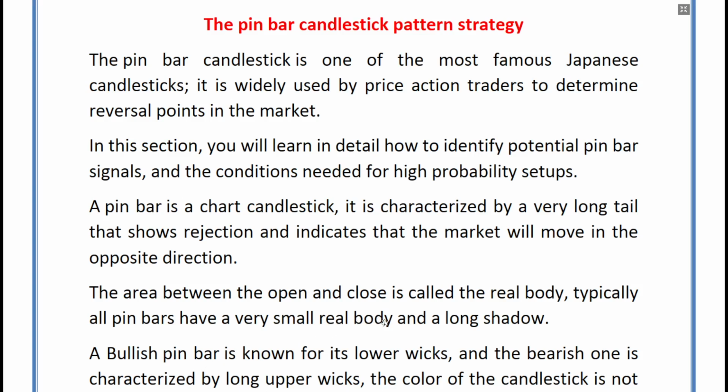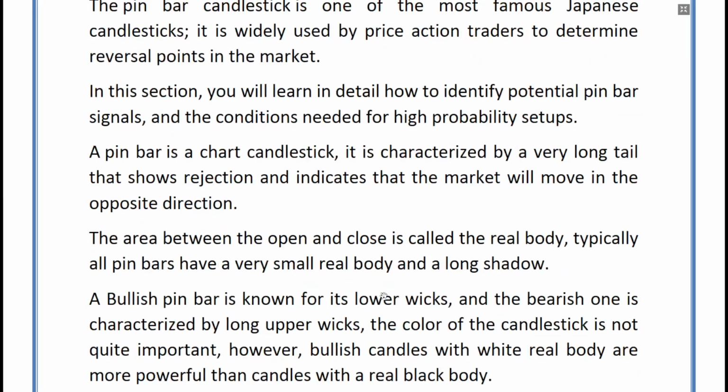The real body is the main part of a candlestick. Typically, all pin bars have a small real body. Again, put that into consideration, and a long shadow. A bullish pin bar is known for its lower wicks, and the bearish one is characterized by long upper wicks.